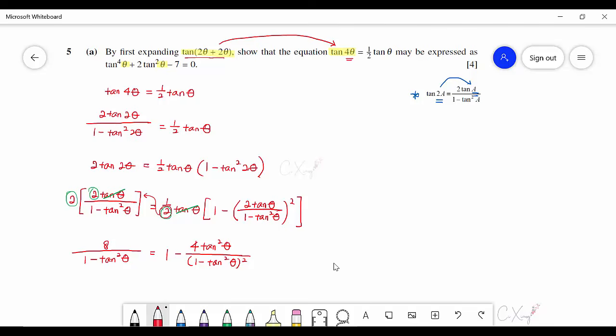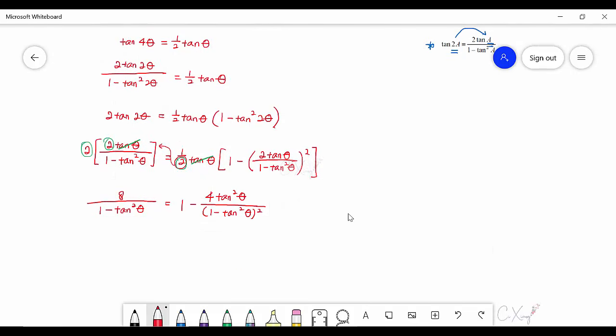Alright, then let's continue. Okay, I want to make all the denominators disappear. Therefore, I will multiply the whole equation with 1 minus tangent square theta squared. When I multiply it, for the 8, I have 1 minus tangent square theta.